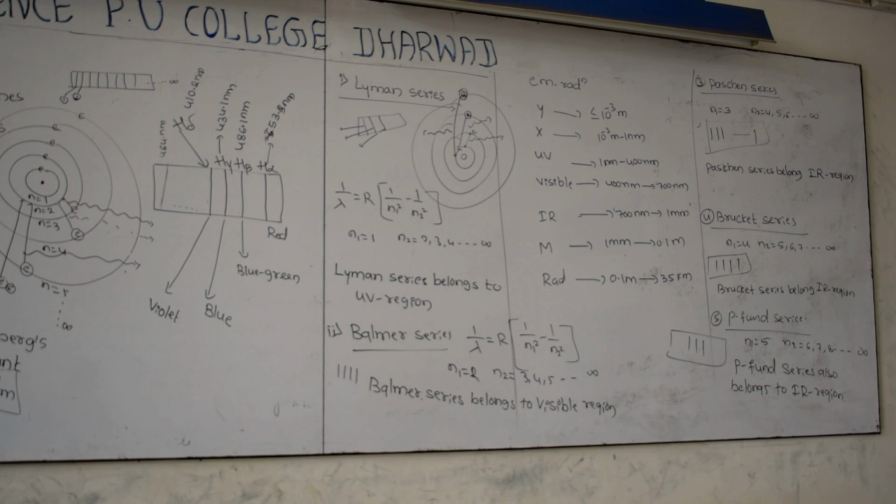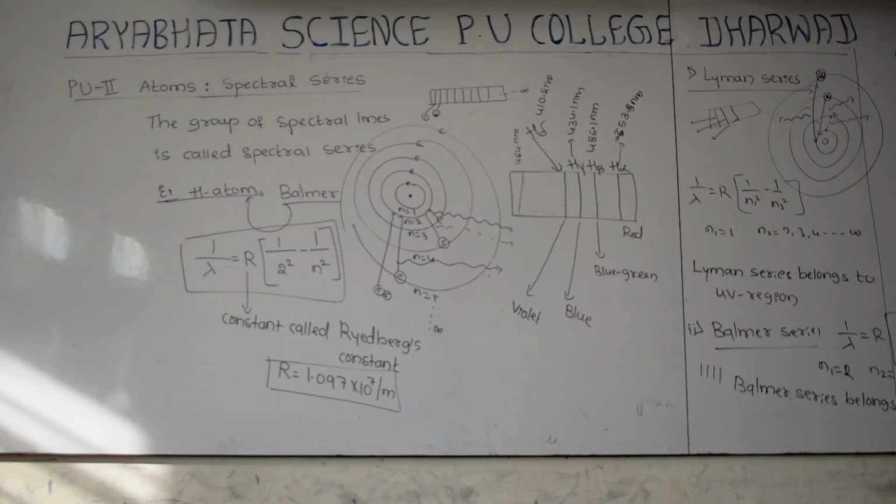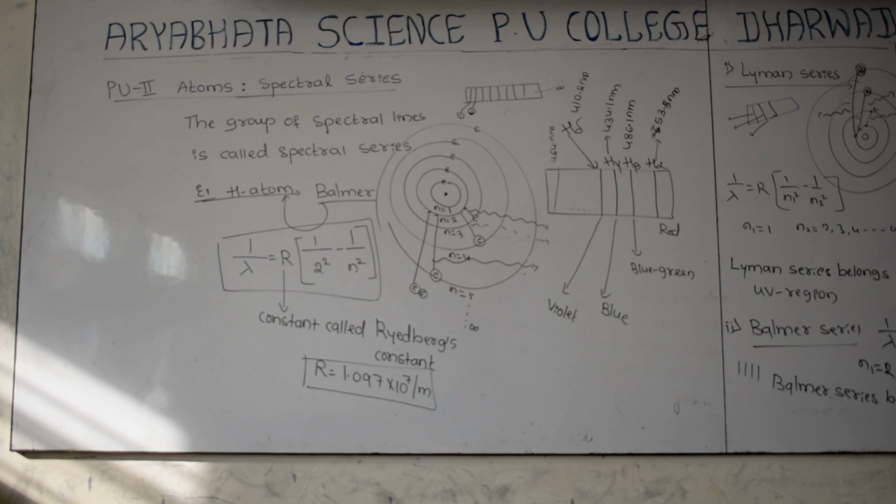This is regarding the spectral series of all the radiations. This is the spectral series. The first one is Balmer. He used the example of the hydrogen atom.